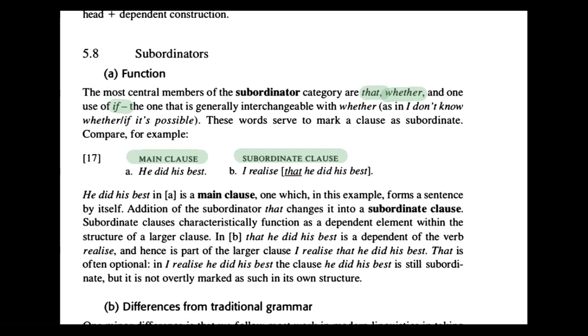Here the subordinator is optional, so we can drop it. We can say I realized he did his best. So both ways of speaking or writing are correct, because most of the subordinators are optional.